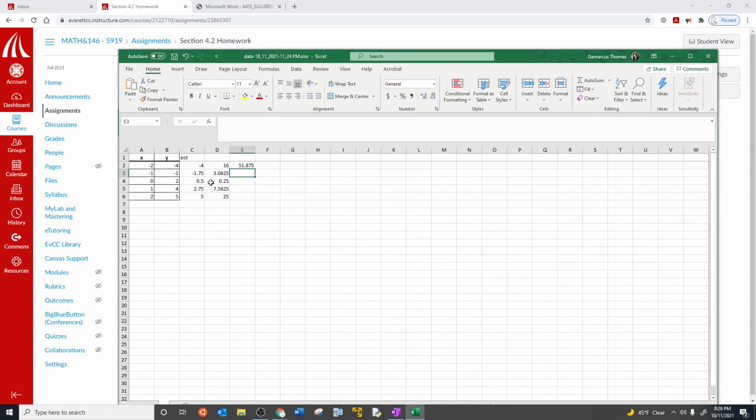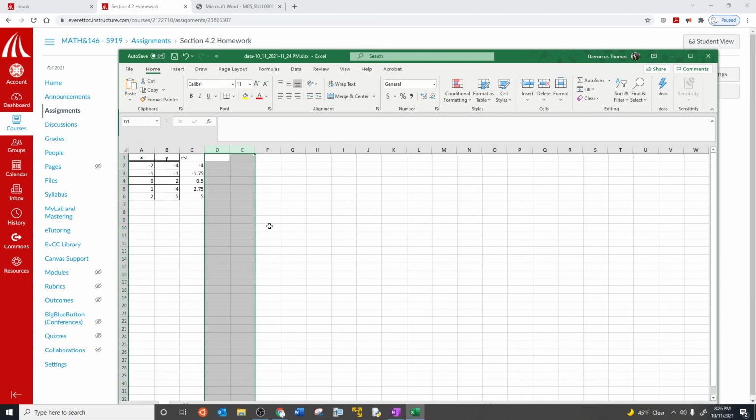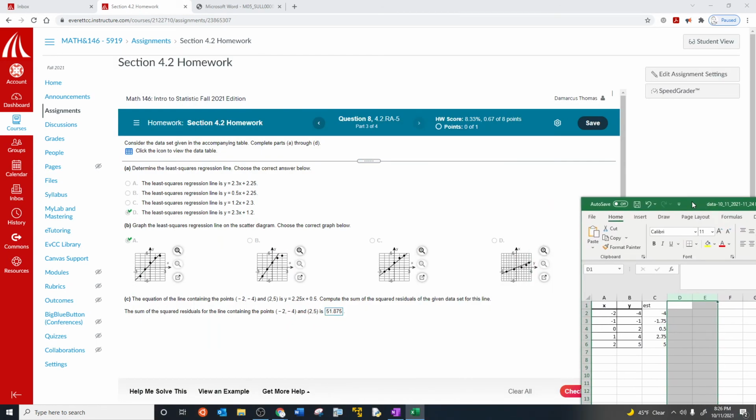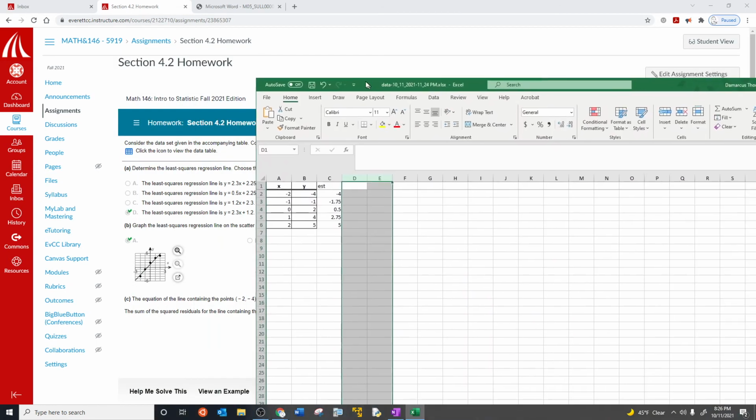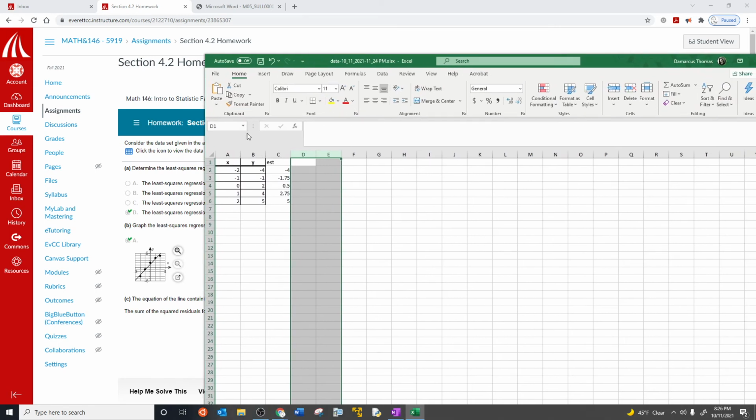Oh wait, hold on. I think we forgot to subtract it from the y. Yeah, we need to delete these. We need to subtract the estimated from the observed. That was a big mistake.